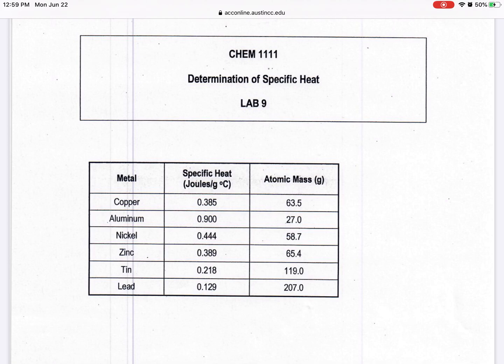The lowest specific heat here is 0.129. The highest is aluminum, 0.9. So lead will heat up really fast compared to aluminum, because aluminum has a higher specific heat. That's how you would compare if you had done two metal samples.